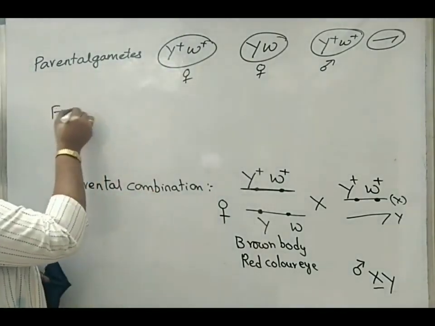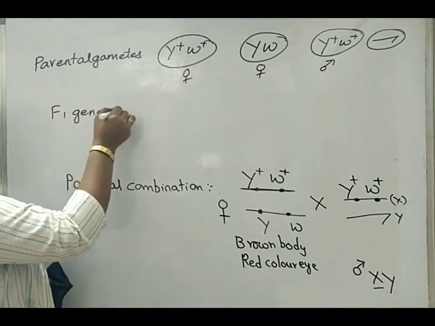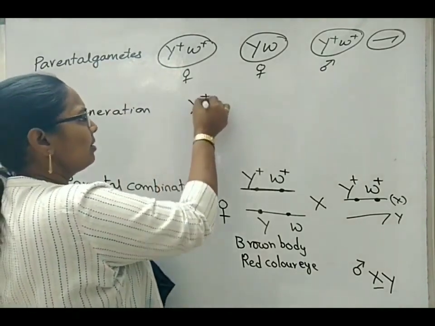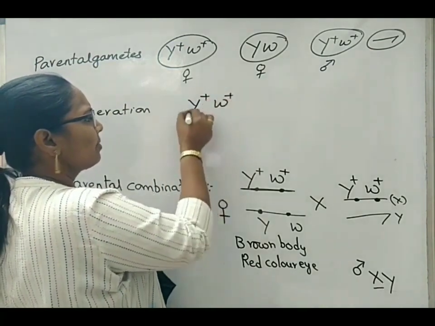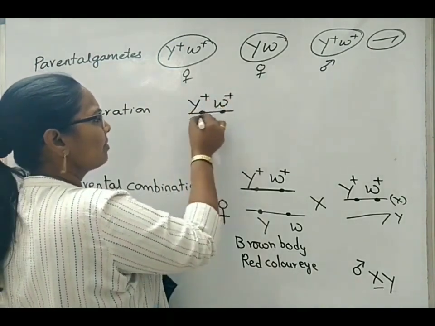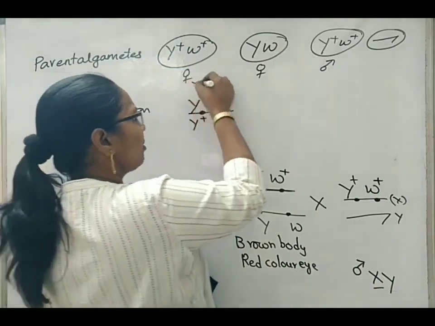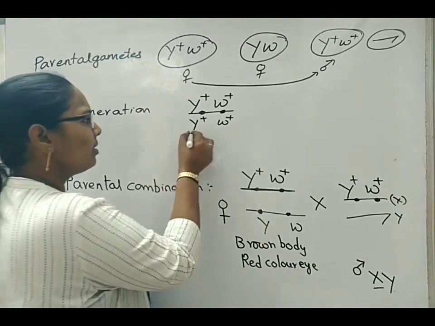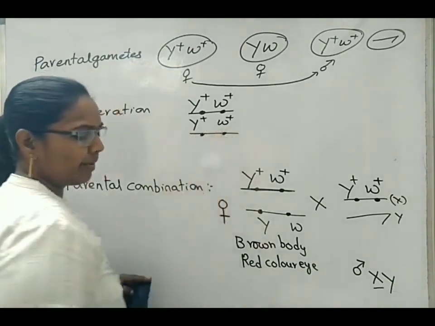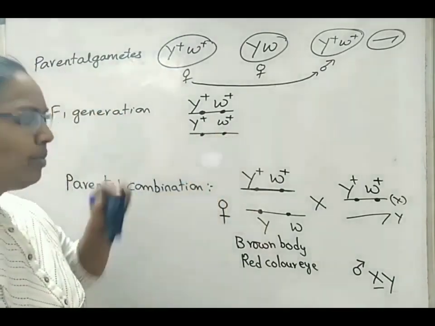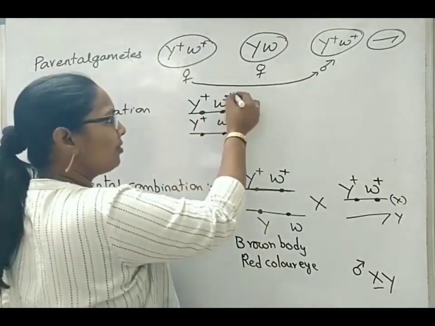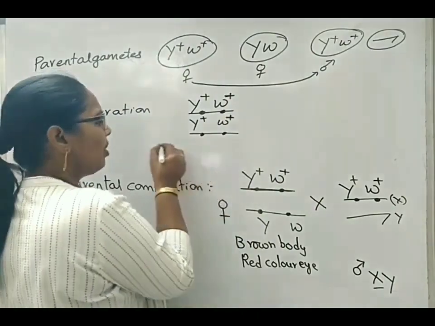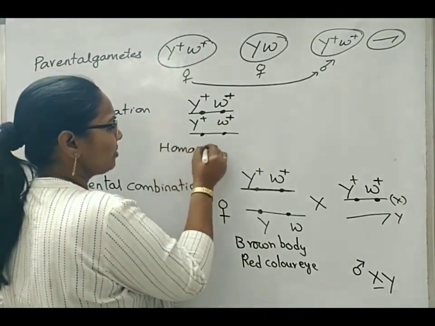So in the F1 generation, when the cross is between X of female and X of male, he has got offspring like this. We call them homozygous because both are dominant alleles only.